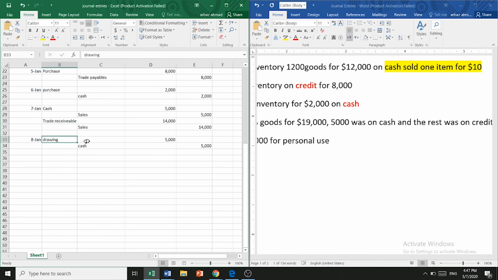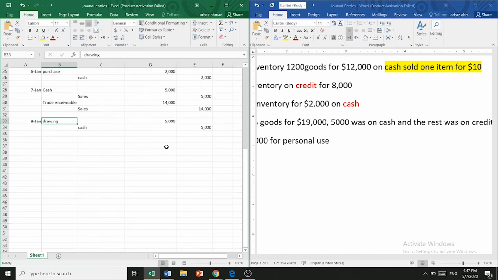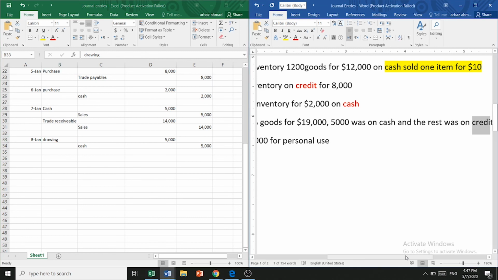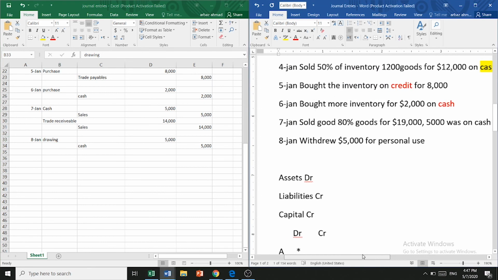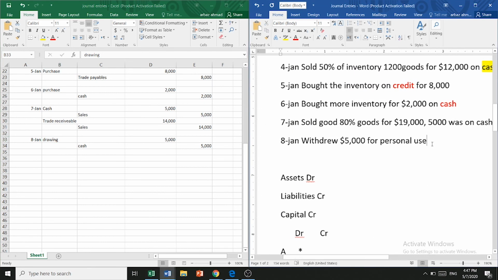Then we have drawings. Drawings is something we have to open an account for when the owner takes out cash for personal use. It's important to know if the owner is taking a dividend or taking out the money for personal use. If he is taking out a dividend, then we are going to open the account with the name of dividend.